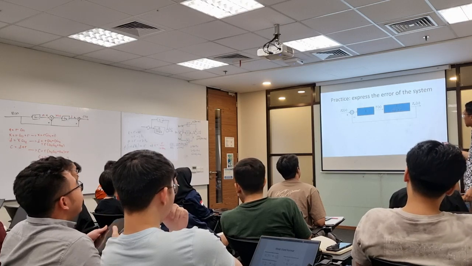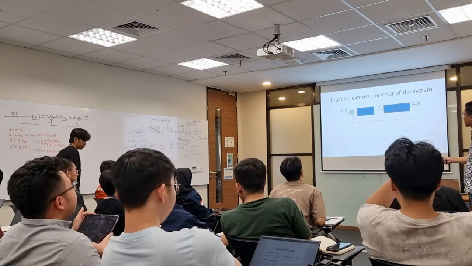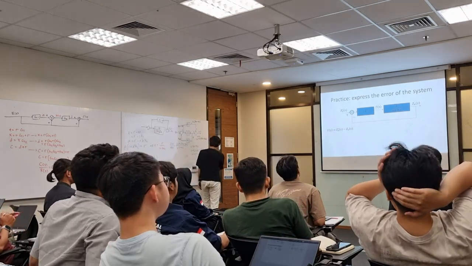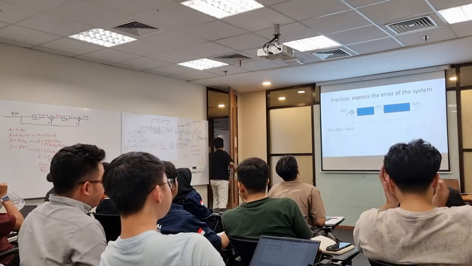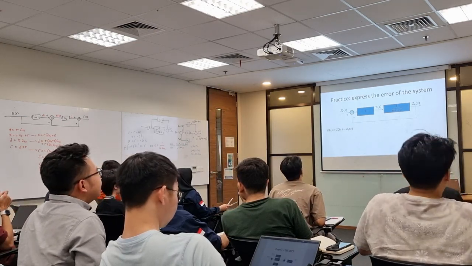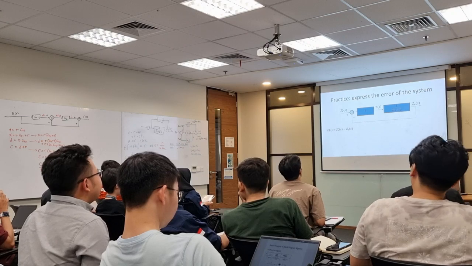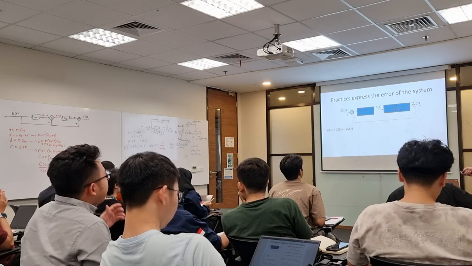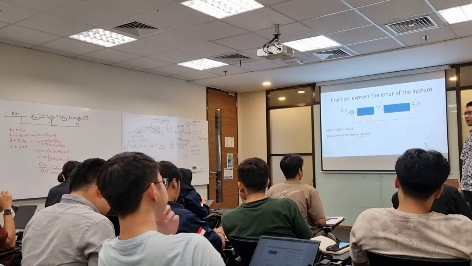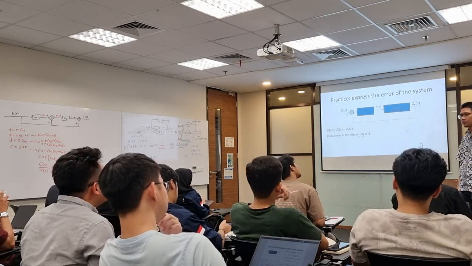Express the error of the system. You see the error is over here. Can you express the error of the system in terms of ZP star? Because we want to find out the steady state error of ET.